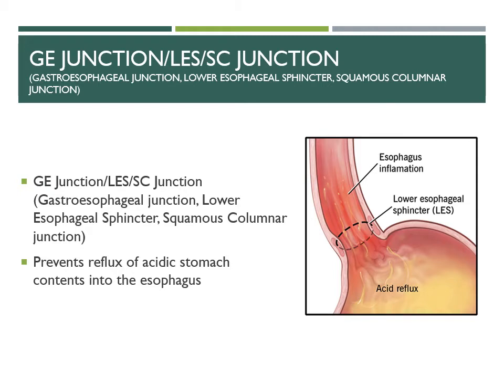And we need that valve to be functioning so that acid isn't continually refluxing back into the esophagus, which harms the esophagus. It creates acid burns in the lower esophagus that then lead to an assortment of symptoms and conditions. So that valve is really needed.